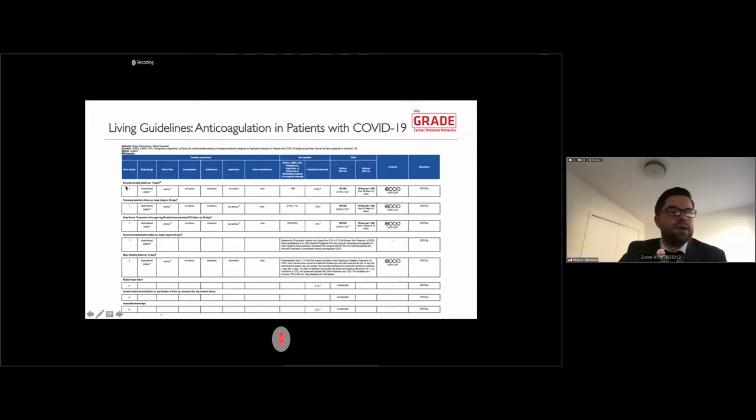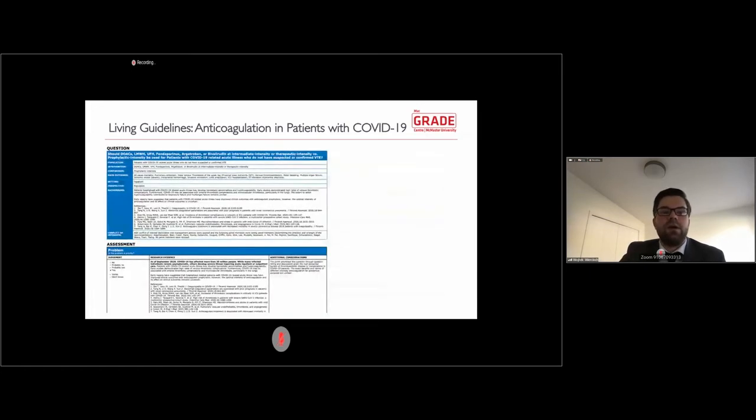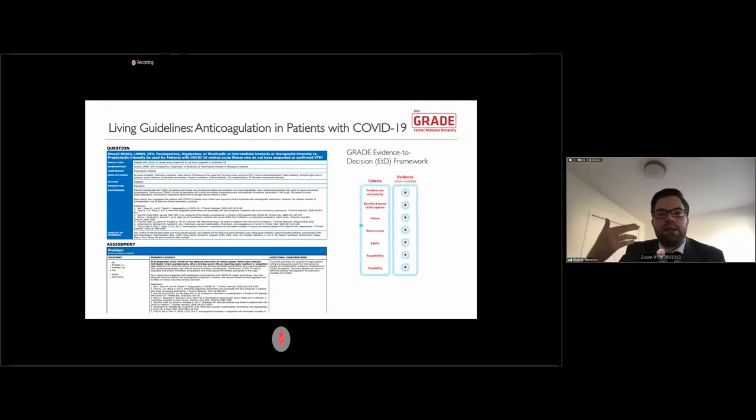And one point to highlight here, for example, in the review for critically ill patients, there was just one observational study that was relevant to the question that was identified, upon which the panel made the recommendation, along with other considerations, which were reported transparently in the evidence to decision framework, where the panel considered the benefits and harms based on the systematic reviews, patients' values and preferences, resource use, health equity, acceptability, feasibility, etc. So even with the sparse evidence, the panel is able to work through the framework, reports transparently each of their considerations and specific judgments that they made to come up with the recommendation.